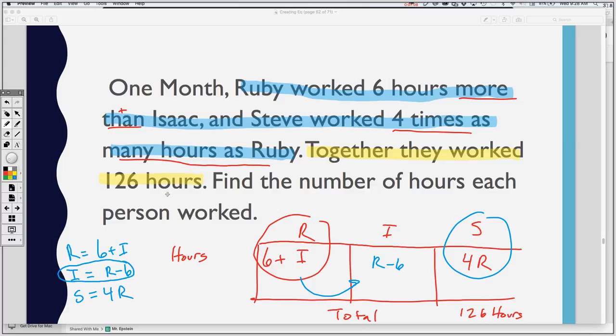What would together be? Add what? Well, what are we adding? What makes 126 hours? Who are you talking about? How many people are there? 3.